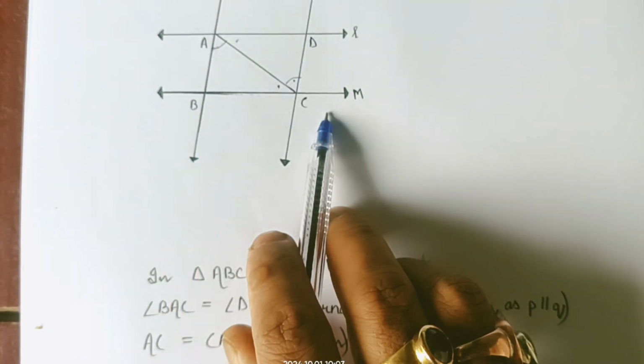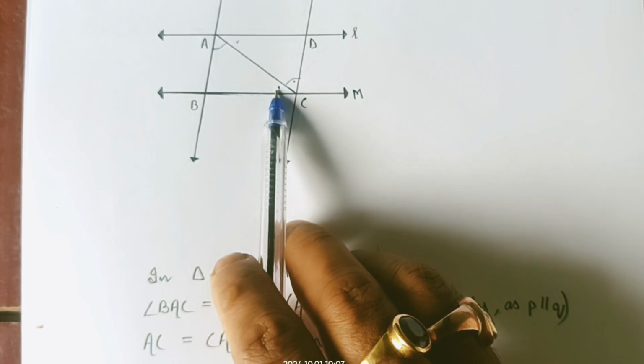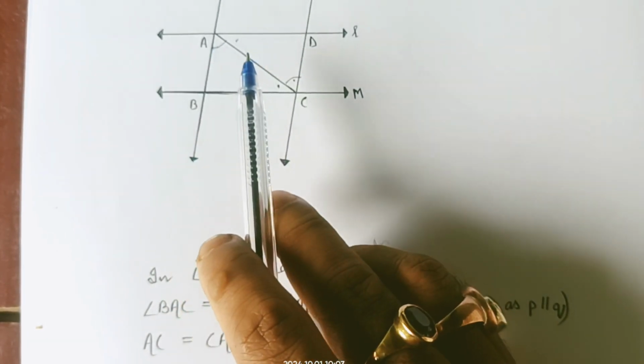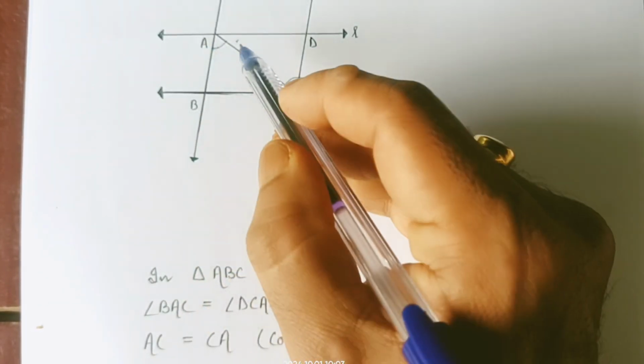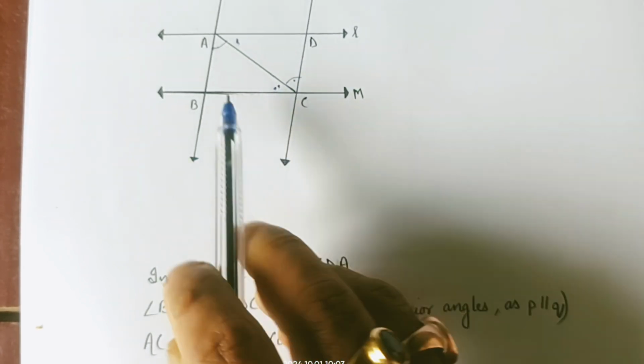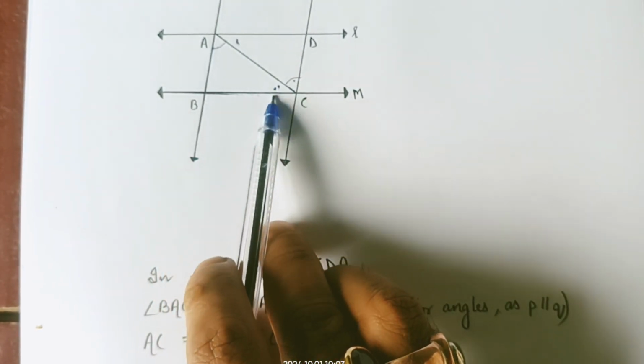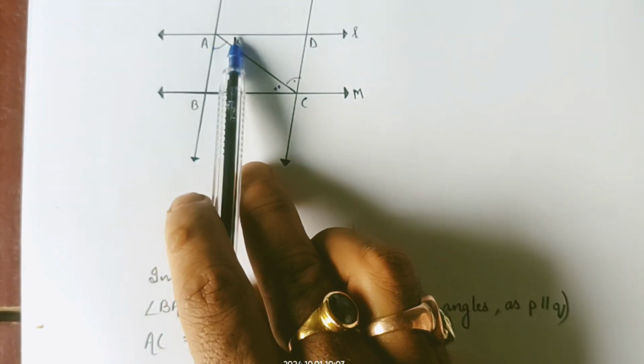Here L is parallel to M, so we can write BCA equal to DAC, so this angle equal to this angle. So we can write here angle, side, angle, and here angle, side, angle.